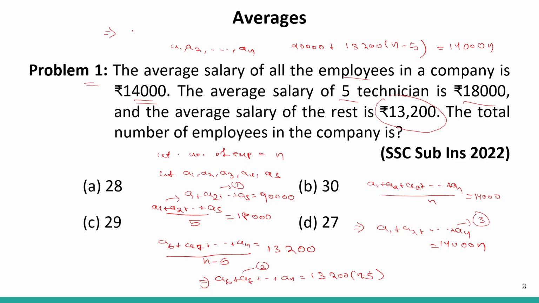So 800 n is equal to 90,000 minus 13,200 into 5, which is 90,000 minus 66,000. That gives 24,000, and dividing it by 800 will leave us with the answer.